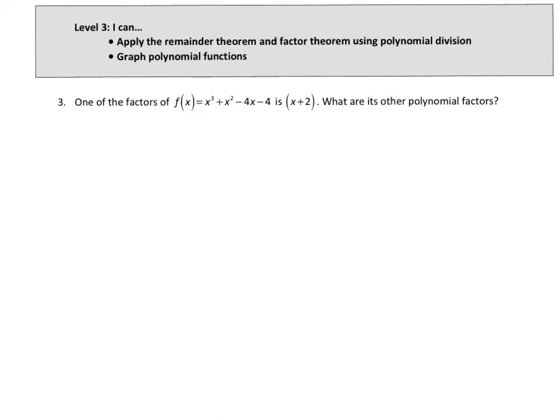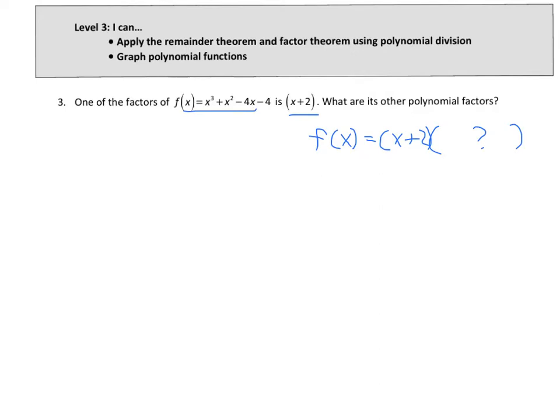So looking at this first example, we have a polynomial f of x that we normally wouldn't know how to factor, and we have one of its factors. So that means f of x is going to be equal to x plus 2 times some other factor, and we don't know what that is, but we can find out what I would multiply x plus 2 by to get f of x using long division.